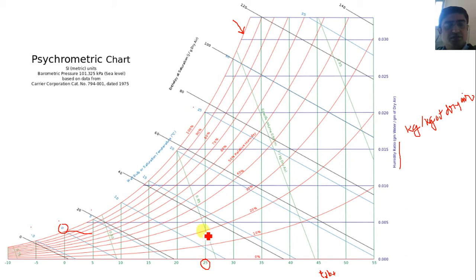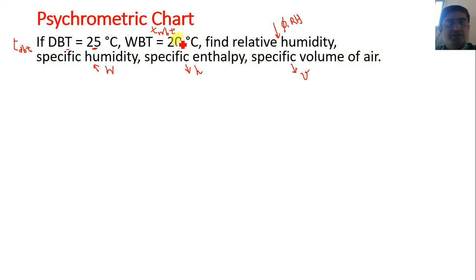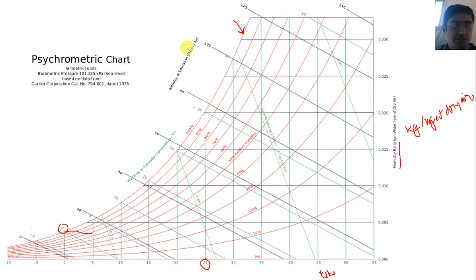The value of WBT is given as 20 degree, so here is the 20 degree wet bulb temperature line, and here is the 25 degree dry bulb line. If we intersect these two, 25 degree here and 20 degree here, this is the intersecting point.